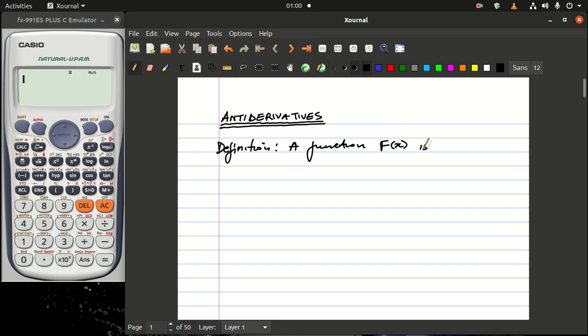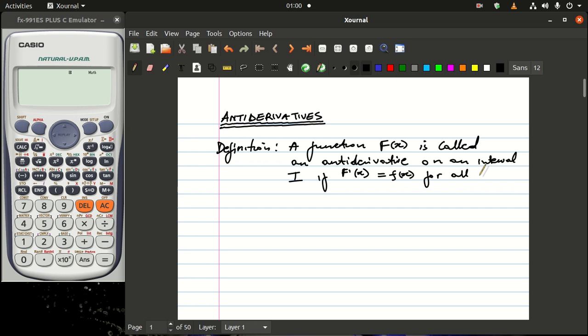We call this function an antiderivative on some interval I if F prime of x is equal to f of x for all x in I.